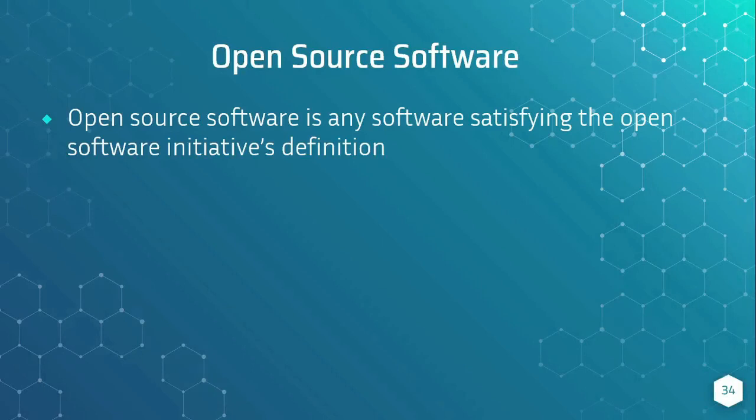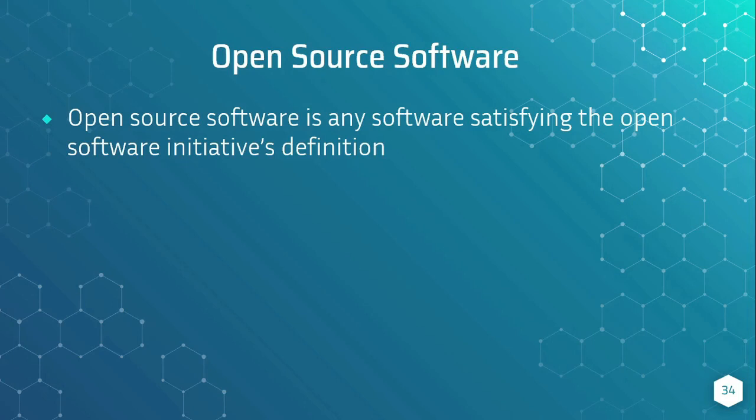Open source software. Open source software is any software satisfying the Open Source Initiative's definition. The open source concept is said to promote software reliability and quality by supporting independent peer review and rapid evolution of source code, as well as making the source code of software freely available.